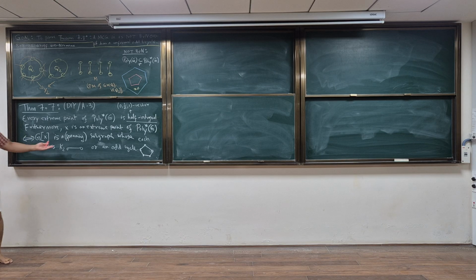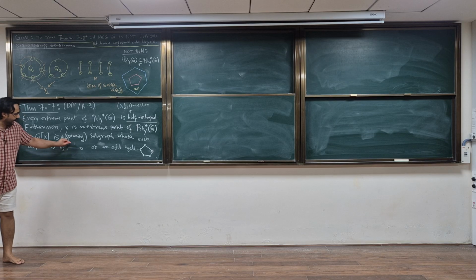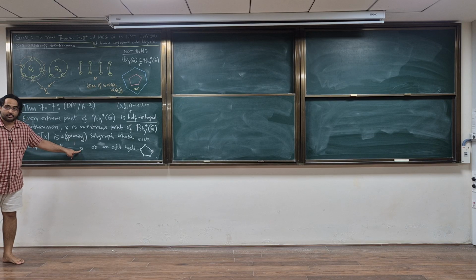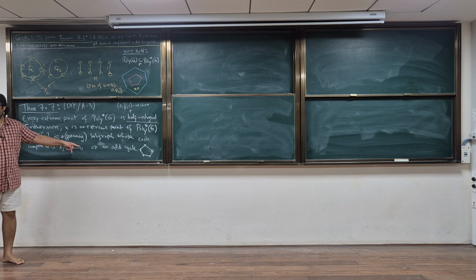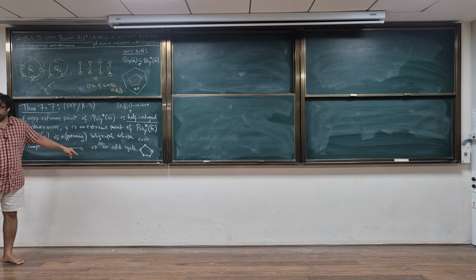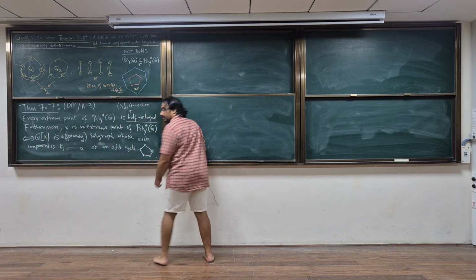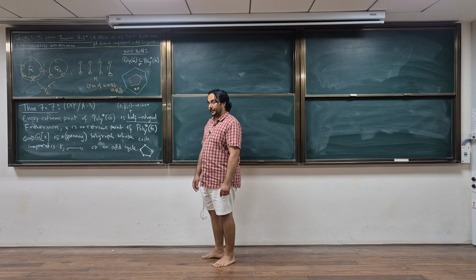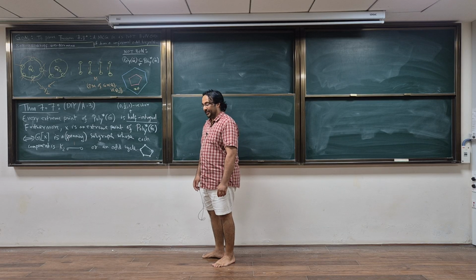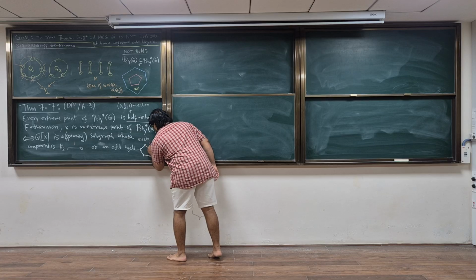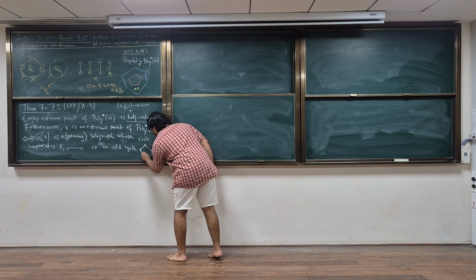If each component is K2, then for the degree constraints to hold, this is the support. So there are no other edges, they are all going to be 0. So that means this has to be 1. And in the case of odd cycle, it's fairly clear. If you do a bit of math, you will see that it has to be half everywhere.